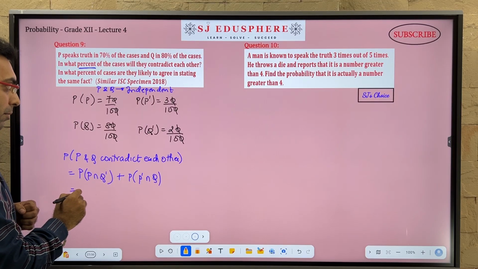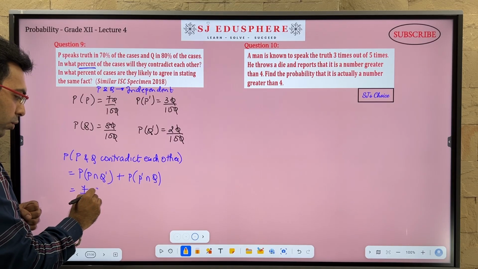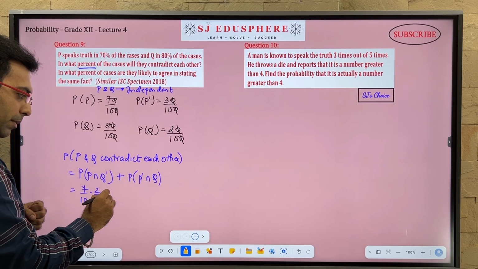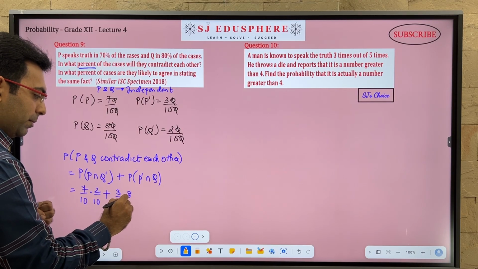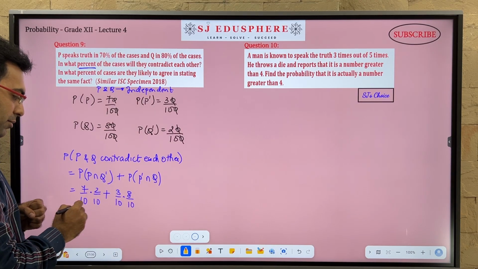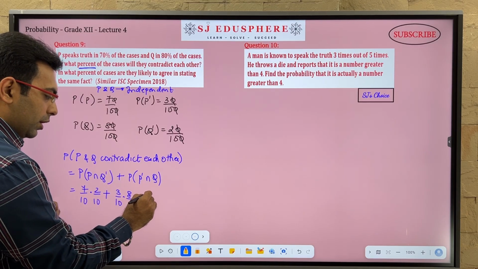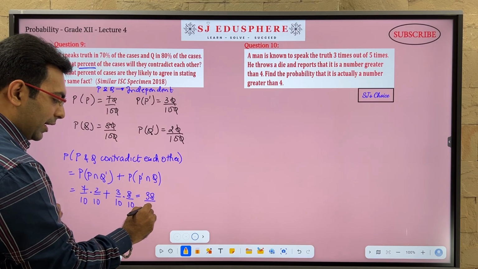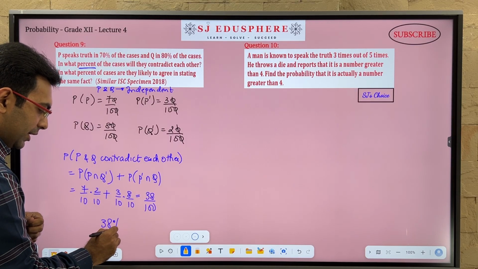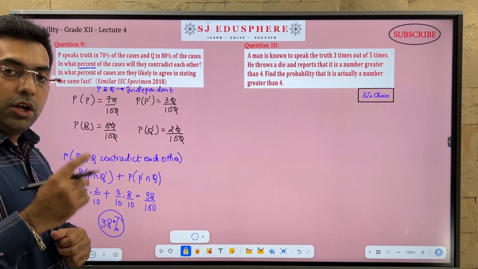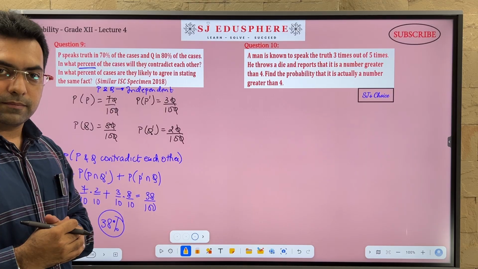So this will be probability of P into probability of Q complement plus probability of P complement into probability of Q. This comes to 7 into 2 is 14, 3 8s are 24. That becomes 38 upon 100. So in 38 percent of the cases, you and I, or rather P and Q, will contradict each other.